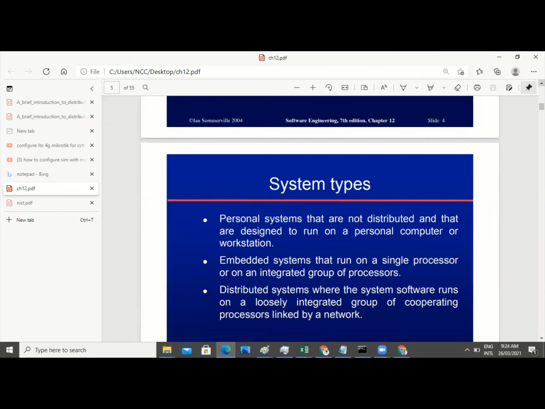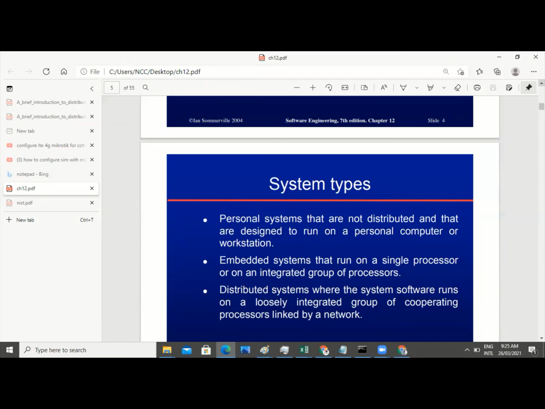Now, we are going to look at the system types. What are the types of systems we can actually develop using distributed systems? We have personal systems, which are not distributed and are designed to run on a personal computer, like your laptop or smartphone.